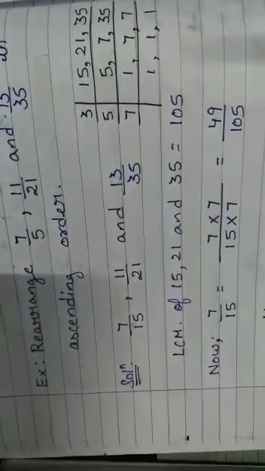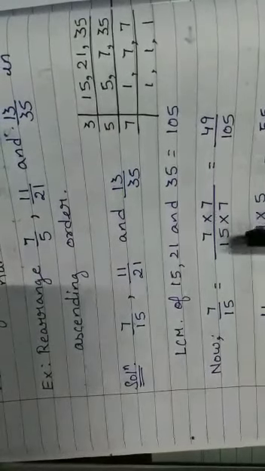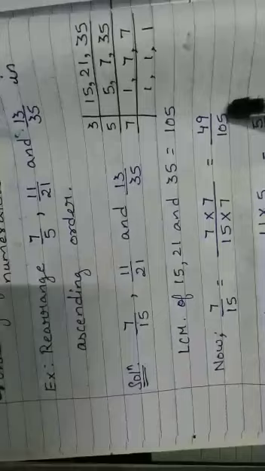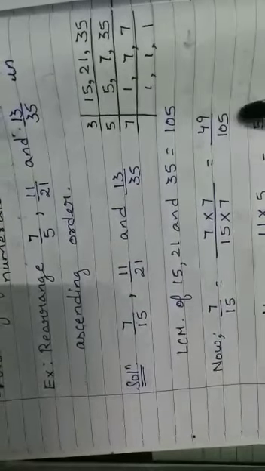So here we have 7 upon 15. To convert this 7 upon 15 to a denominator of 105, we have to multiply both numerator and denominator with 7. So here you can see I multiplied 15 by 7 and I got 105. 7 also we have to multiply by 7 so that the fraction will be equivalent. Then we get 49 upon 105.